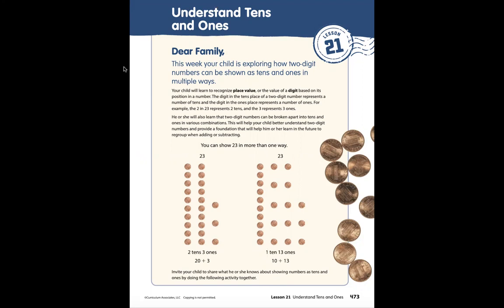Your child will be able to recognize place value, or the value of a digit based on its position in a number. For example, if we have the number 23, and we look at where numbers are placed and ask, what is the value of the digit 2 in the number 23?